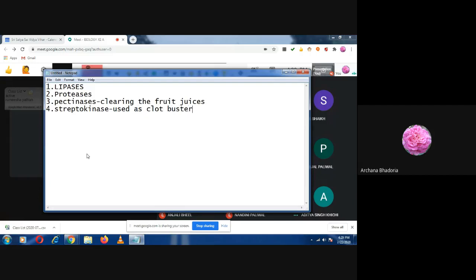You know that the cholesterol deposits in the arteries and it blocks them, so the blood flow gets blocked. Now how to dissolve that clot of blood? For that, the streptokinase enzyme is used, and it is produced by the bacterium streptococcus. So remember the name of the organism.